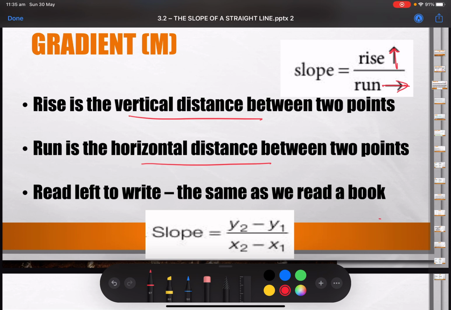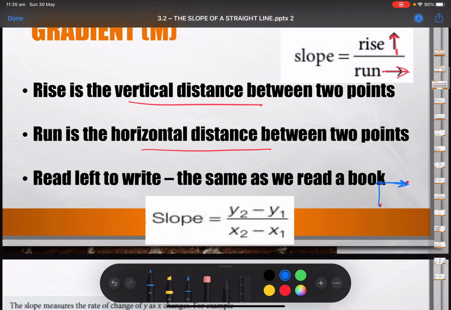If I have two coordinates on a graph, my rise is how much I have to go up to be at the same level, and my run is how much I have to move across to get to the other point. The equation we use to define rise over run is: slope equals y2 take away y1 over x2 take away x1, where y2 and x2 belong to your second coordinate and y1, x1 belong to your first coordinate.